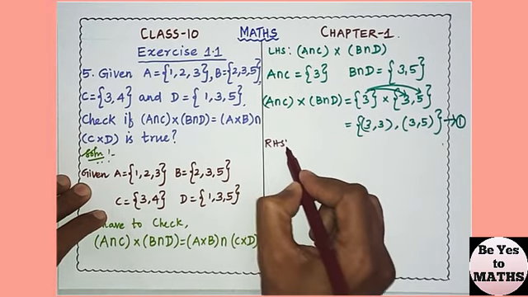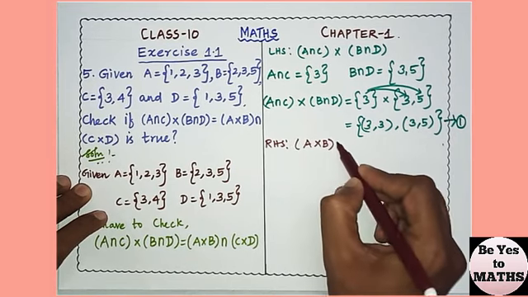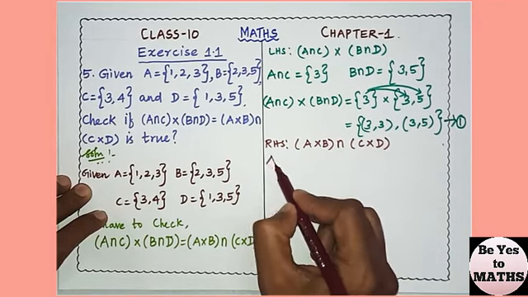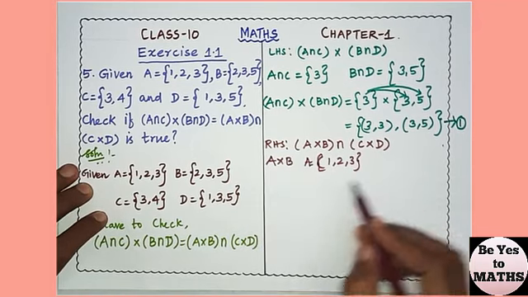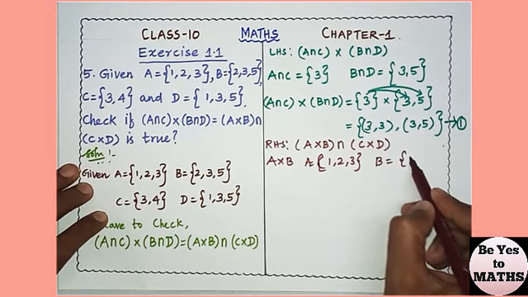Right hand side we have (A × B) ∩ (C × D). So first we'll find out A × B. A set we have {1, 2, 3} and B set is {2, 3, 5}.